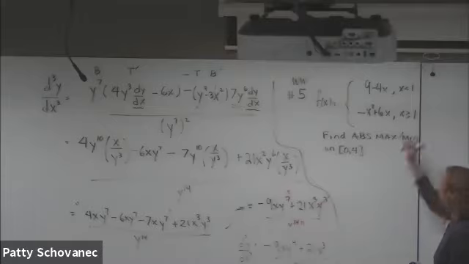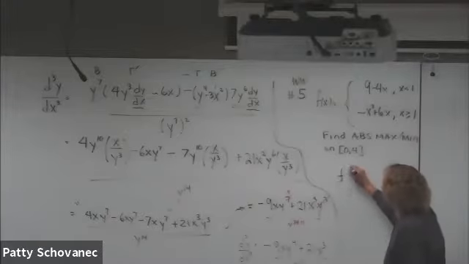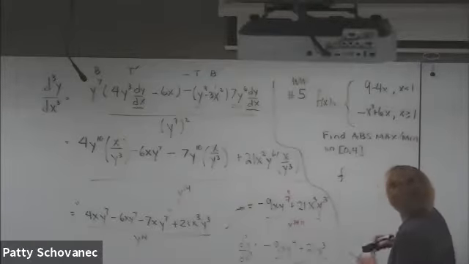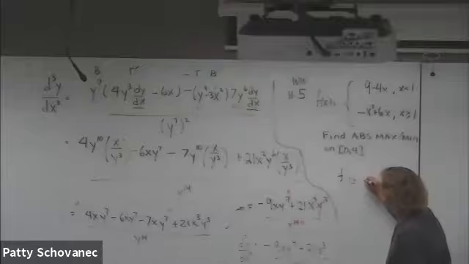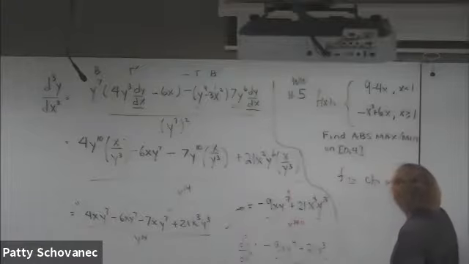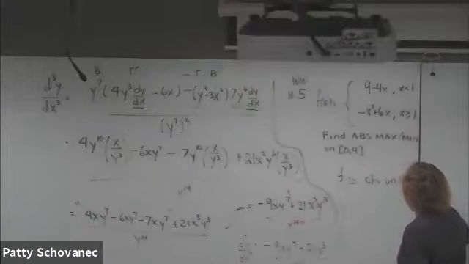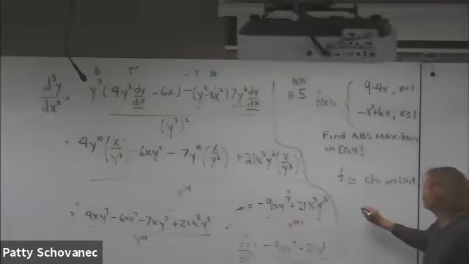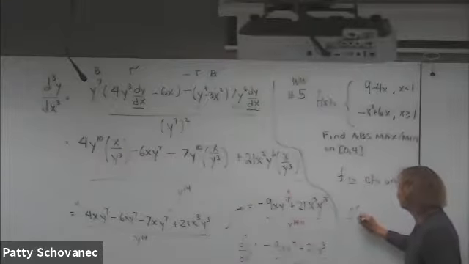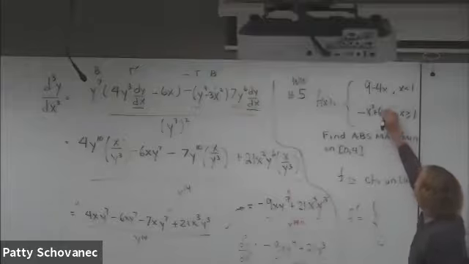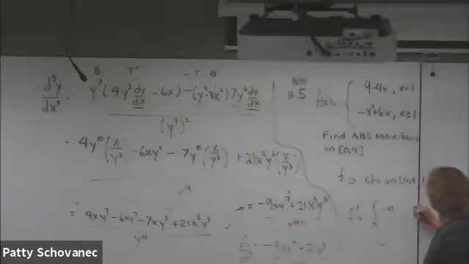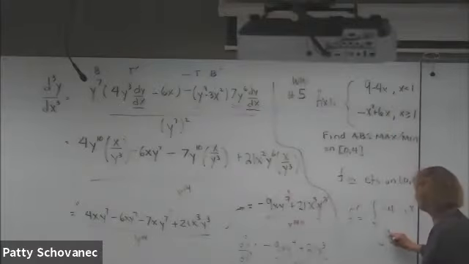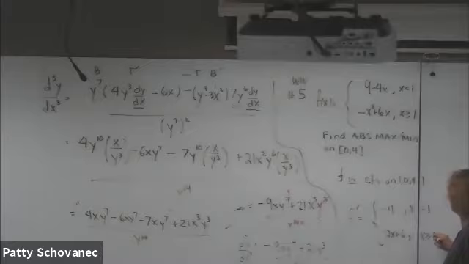So f is continuous on 0, 4. So it has to have an absolute max and an absolute min. So we look for critical numbers. F prime here is a -4 if x is less than 1. It's minus 2x plus 6 if x is greater than or equal to 1.